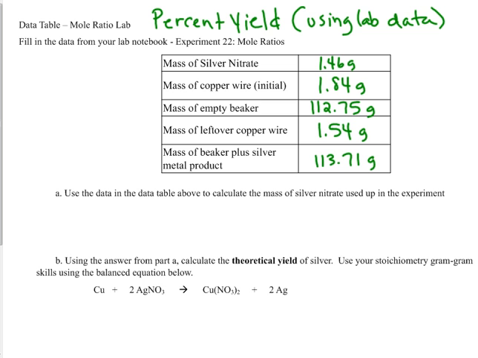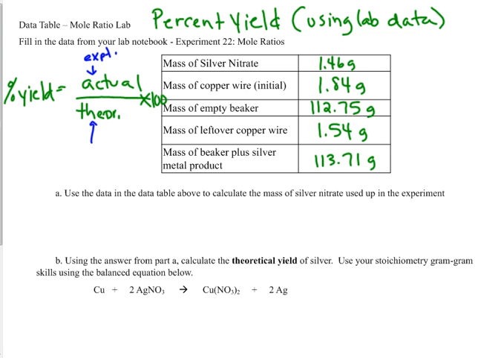So remember, percent yield is the actual yield divided by the theoretical yield, and then we're going to multiply that by 100. So the actual yield is what you did, how much silver was actually produced in the experiment.